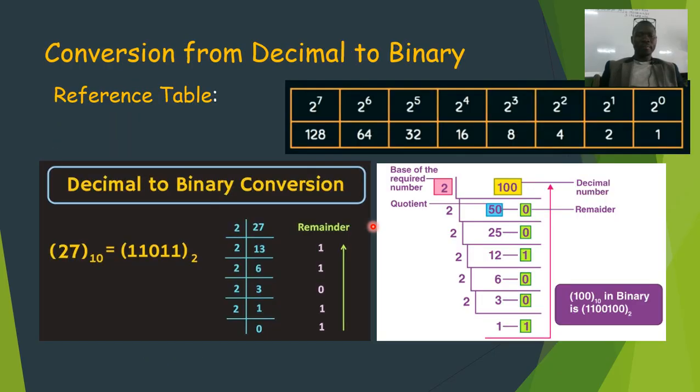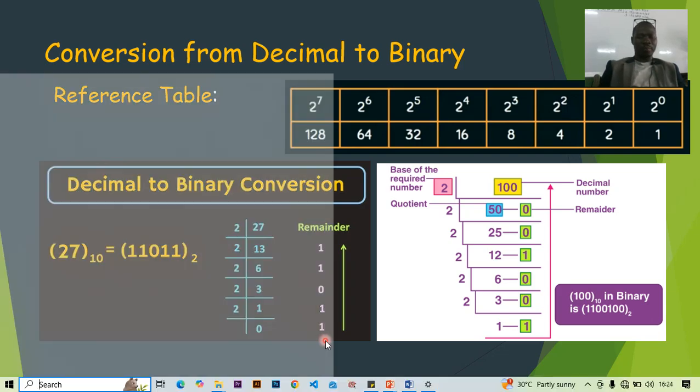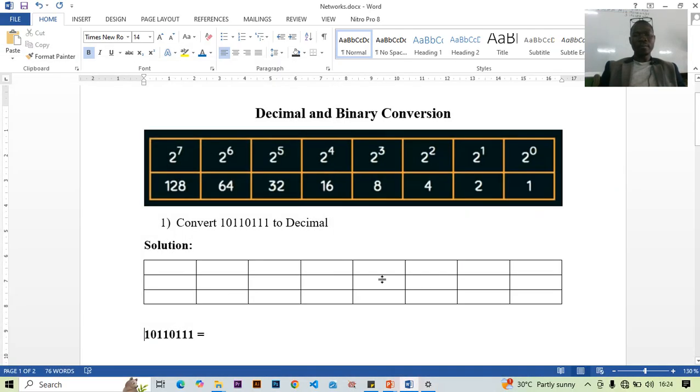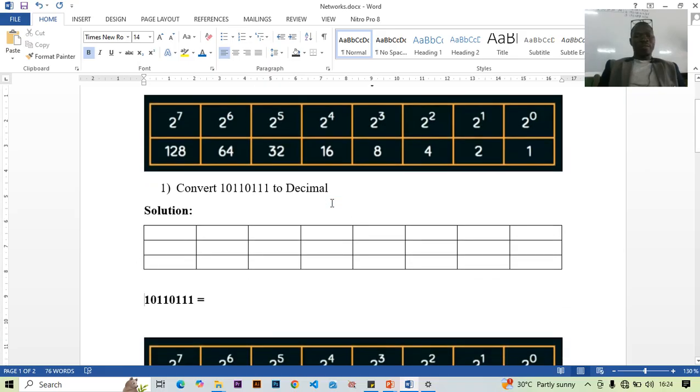Okay. So let's see how we convert from decimal to binary and from binary to decimal. We have a simple illustration here, though we don't know how this came about. We want to see how indeed it can come about. So let's go down to our table here. First of all, we're going to convert this value we're seeing here, which is in binary, into decimal.